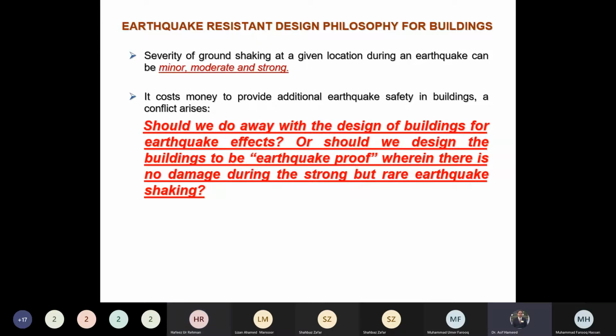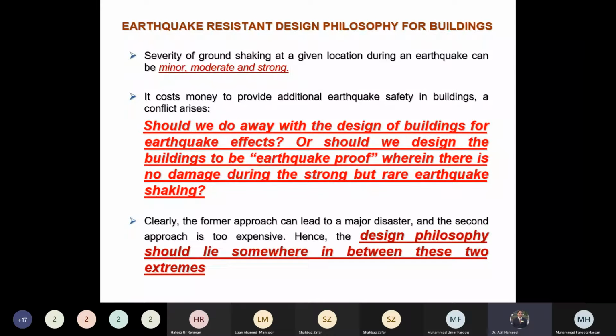If you try to make the structure earthquake proof, your structure will be very, very costly. Because the chances of occurrence of earthquake are very less. Yes, sir. And if you have to make it earthquake proof for the very severe earthquake, your structure will be very costly. So what is the design philosophy? Design philosophy is somewhere in between.